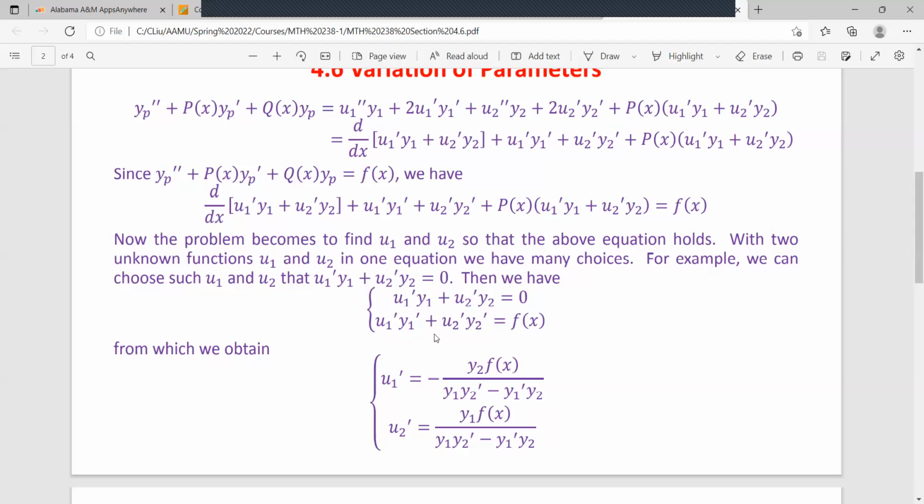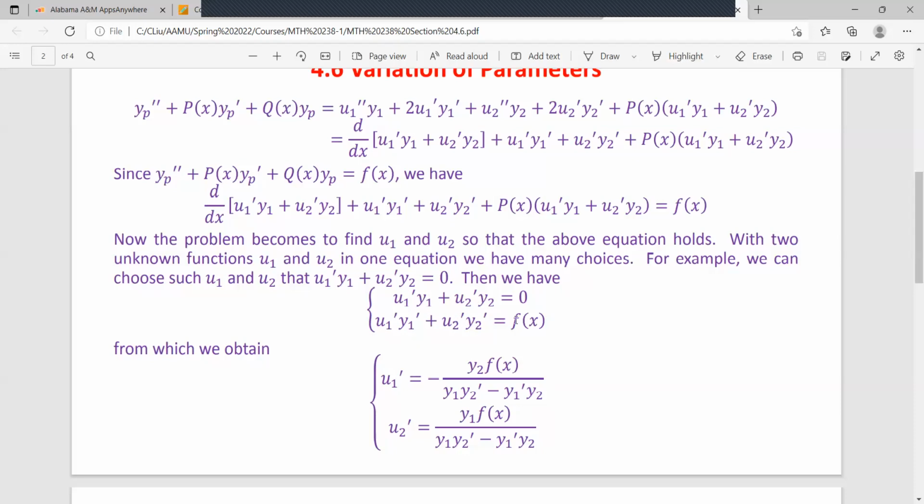And then we can easily solve for u1 prime and u2 prime from these two equations, because we know y1 and y2. You can use the elimination method to solve this system of equations.